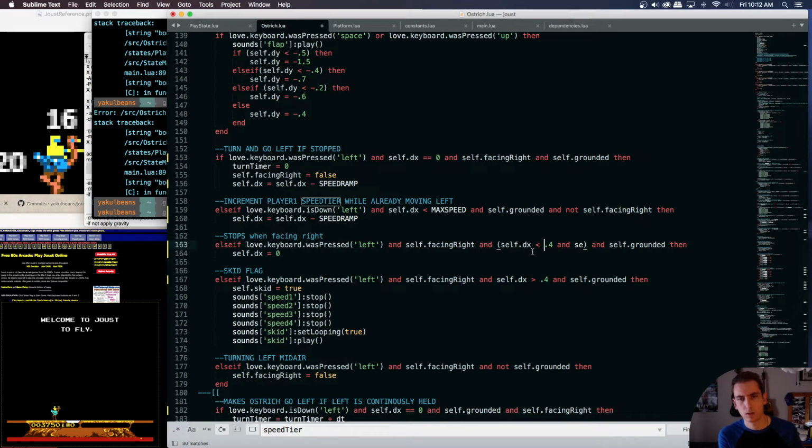So I'm going right, and my dx is greater than 0, yet smaller than 0.4, meaning I'm in my speedTier 1 speed range while I'm moving right. Then we're just gonna stop, we're not gonna skid. Right here I say if we're bigger than that 0.4, then we're gonna skid.